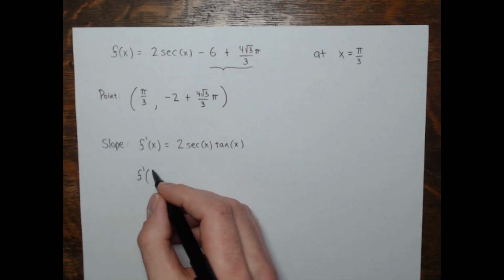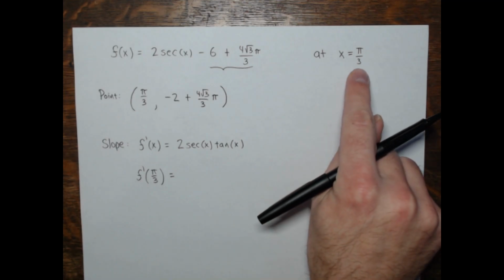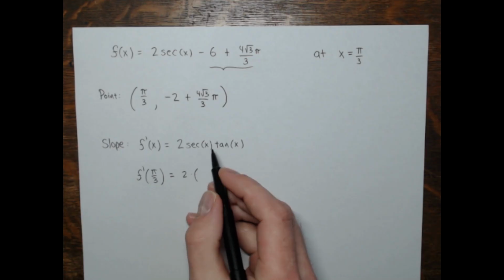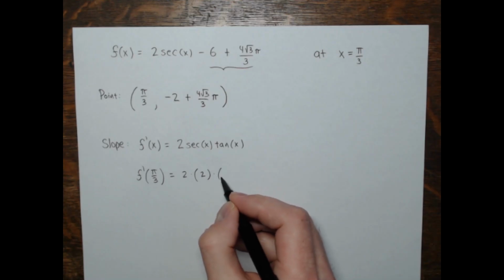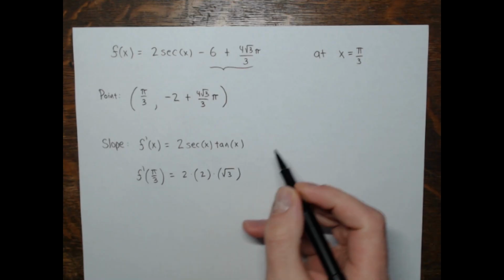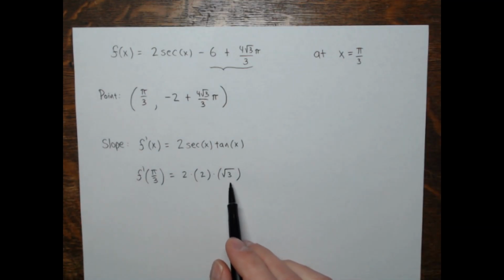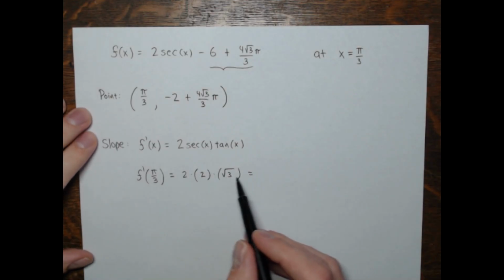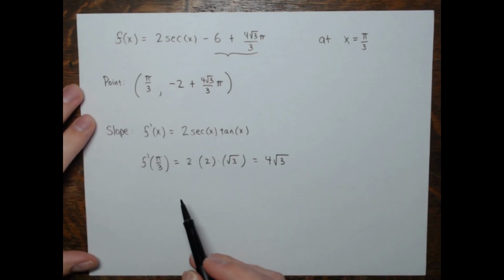And then at pi over 3, for this particular x value, you've got 2 times the secant of pi over 3, which I already said was 2. And the tangent of pi over 3 is the positive square root of 3, right? This is positive 60 degrees. So that's positive square root of 3 as opposed to negative square root of 3 like it was in the last problem. So we end up with 4 times the square root of 3 for the slope.